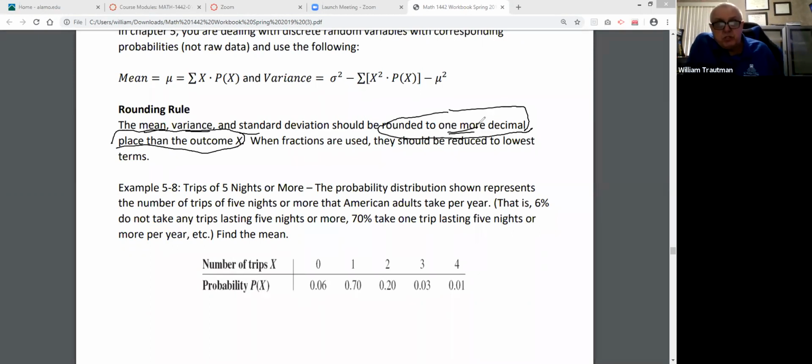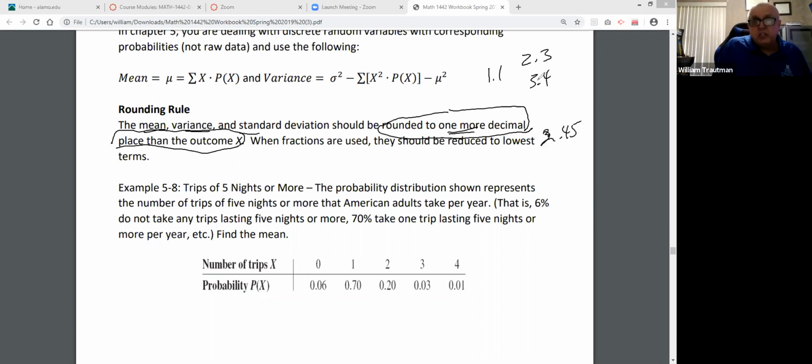If our data was 1.1, 2.3, 3.4, and we find the average of this, and it ends up being, let's say, 2.45, do you see there's one decimal place in the data, so you can have two decimals in the answer. You can always have one decimal more than the data.